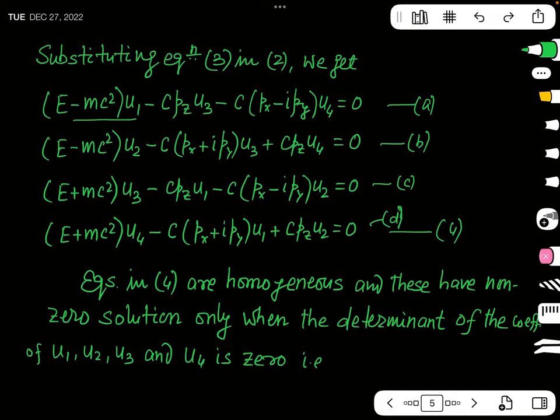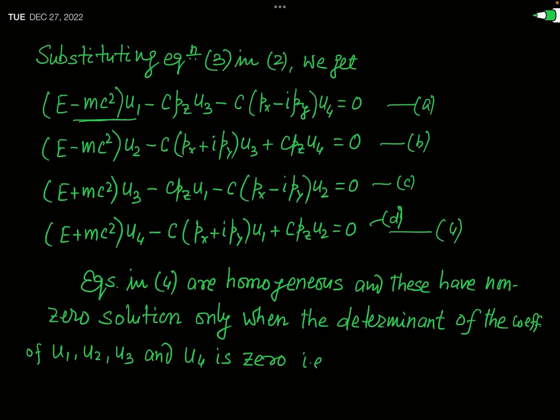This is (E minus mc square) u1 minus cpz u3 minus c(px minus i py) u4 equal to 0. The second equation is (E minus mc square) u2 minus c(px plus i py) u3 plus cpz u4 equal to 0.